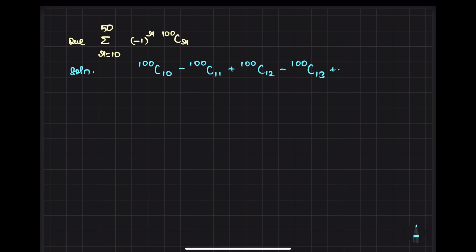This thing will keep on going, till the time you will have 50. So it is 100 C 50. If I tell you to solve this question, you cannot solve this one because there is a pattern. Yes, there is a pattern, but you cannot apply that logic.